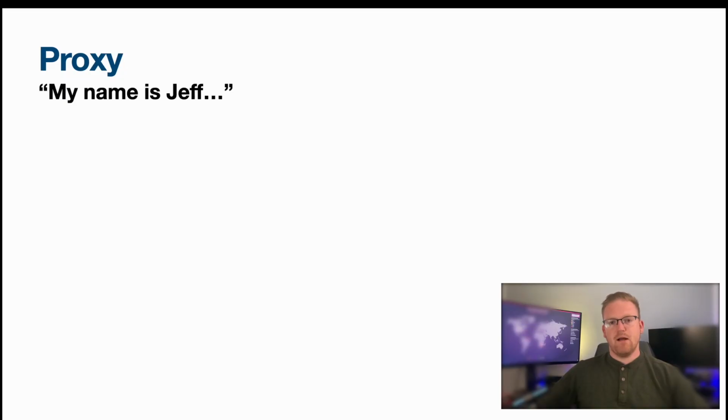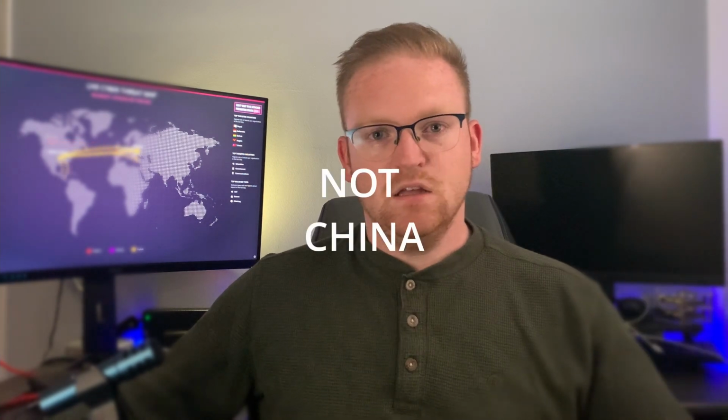Next, let's talk about proxies. Now, there are 2 main kinds of proxies. There are forward and reverse proxies. A forward proxy is used by the client to bypass, let's say, firewall restrictions. So let's say, for example, you are in an arbitrary country. Let's say it rhymes with China, right?